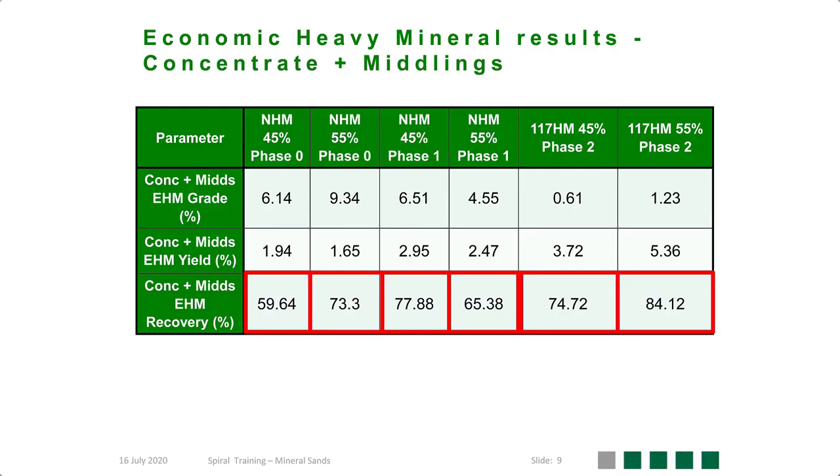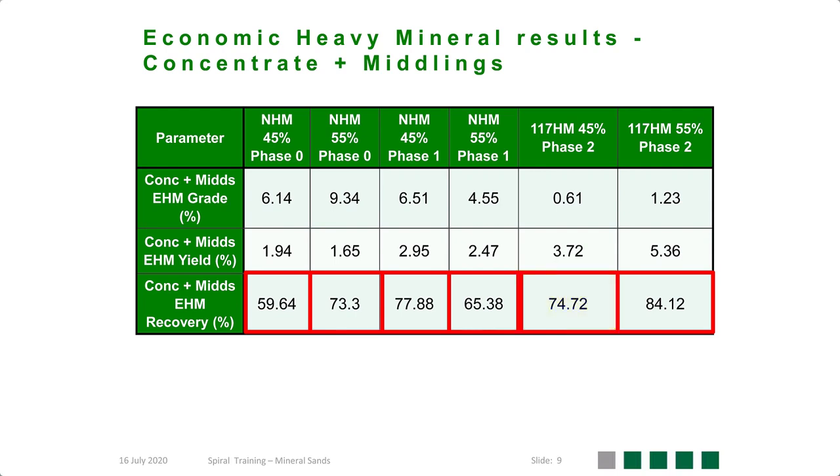Now, we've tested this spiral for the rougher application. So that's why we've decided to take the concentrate and middlings as the final product. So if we look at the economic heavy minerals recovery to these fractions at 45% solids, phase 0, 60% recovery, in phase 1, 78% recovery, and then in phase 2 around 75% recovery.